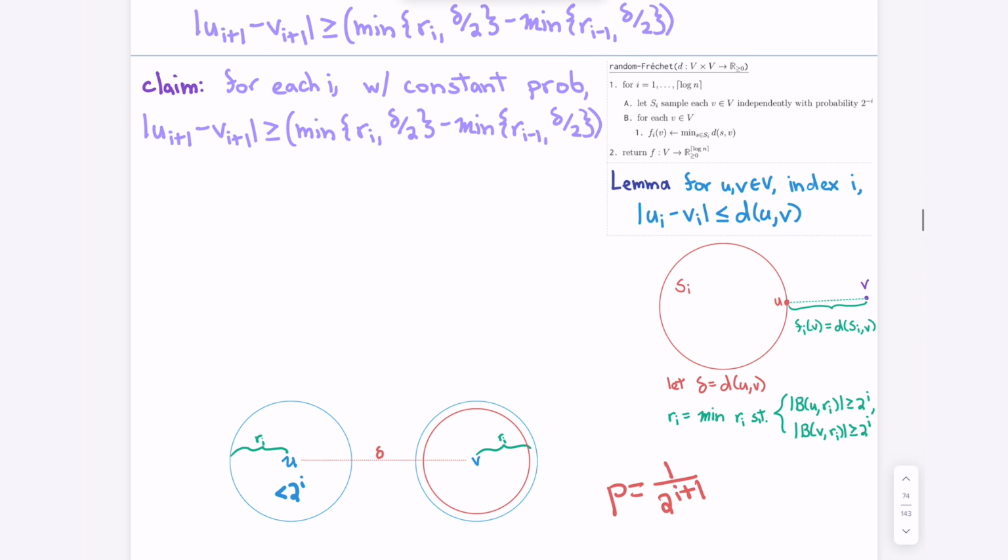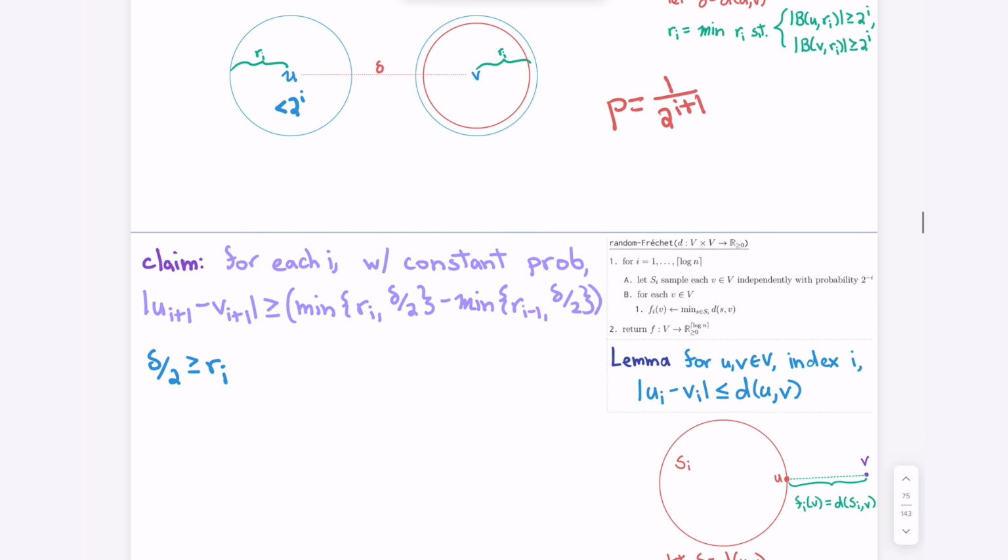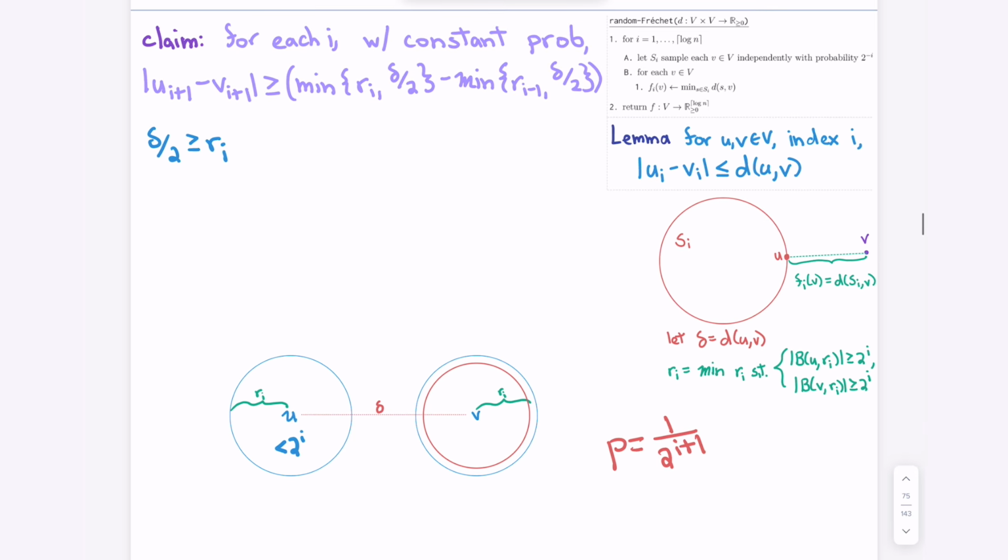That might be written out in a moment. So let's focus on proving this particular claim. Let's look at, I think, the more interesting case, where delta over 2 is bigger than Ri. In that case, this will simplify a little bit. This will just be the Ri's. And let's say that Ri is determined by U. So Ri was as small as possible so that both balls have at least 2 to the i vertices.